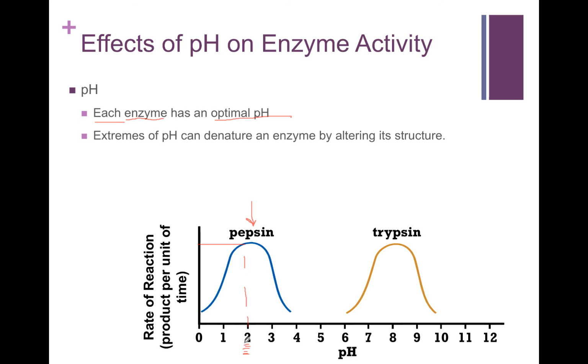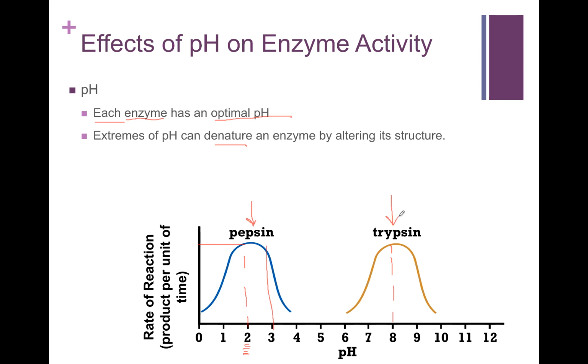And therefore, pepsin is only active in this pH range. If you increase pH higher than 3, it's going to crash, and pepsin cannot operate because it's denatured. However, this guy, trypsin, is also a digestive enzyme and operates best at pH 7, pH 8, because your small intestine is around that pH.